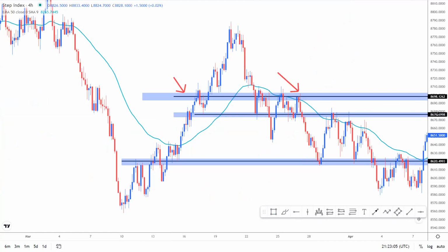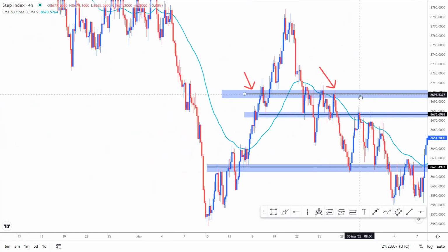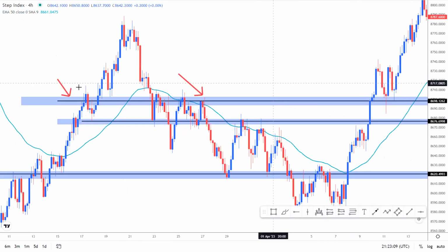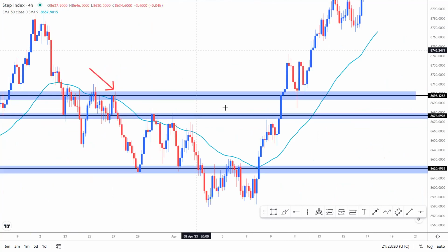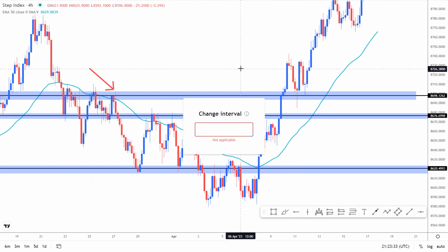So here you can see how the level, which was once a support right here, acted multiple number of times as a resistance. Then this is that daily candlestick coming right into the level, as we have seen from the daily time frame.